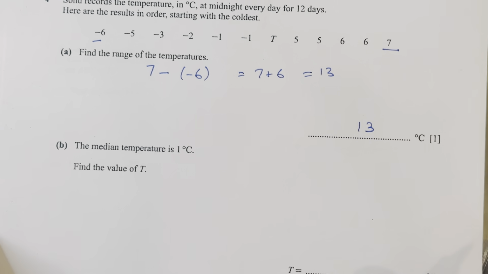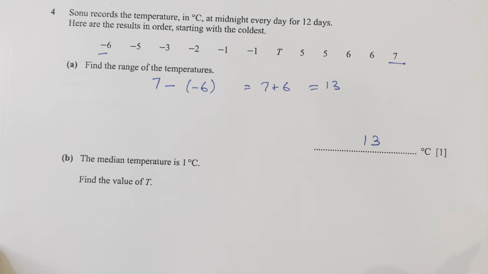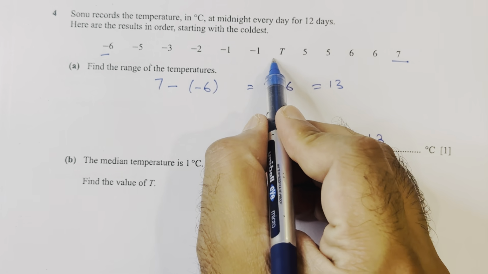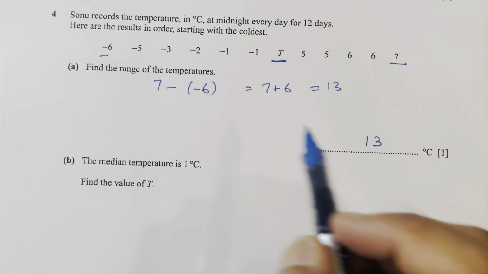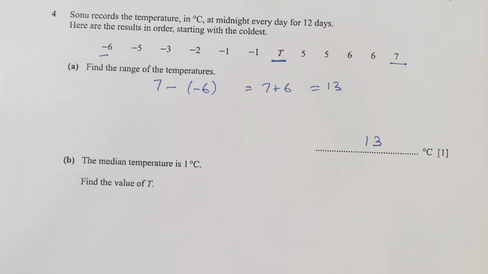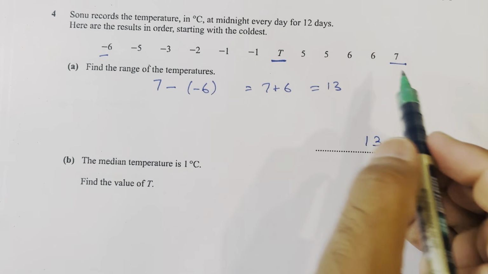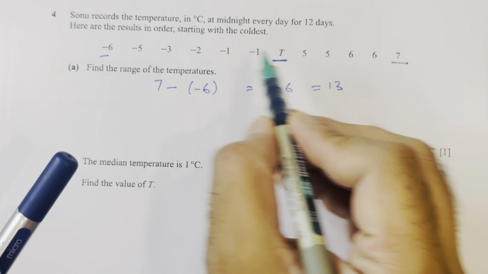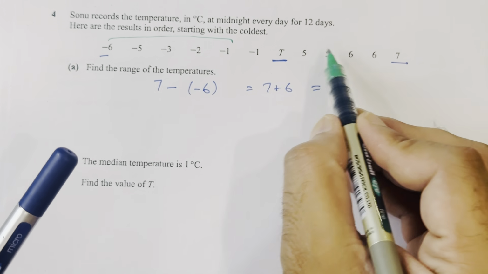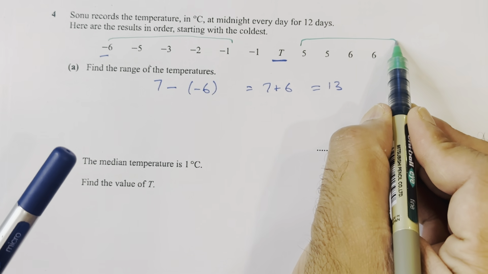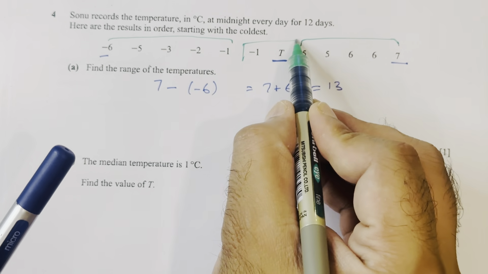The median temperature is 1. Find the value of T. We know that the median is the central value. So we count 1 2 3 4 5, 1 2 3 4 5. There are 12 numbers, so the median would be between two numbers, -1 and 2.